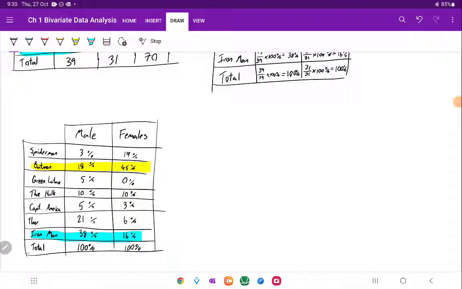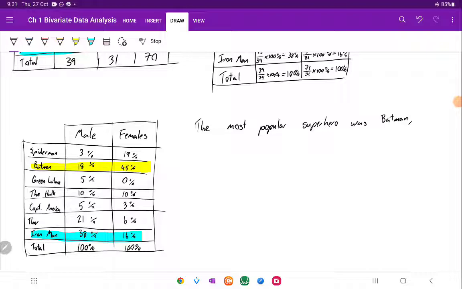So don't just say something for the sake of saying something. You need to say an actual figure. You can say the most popular superhero was Batman. Now I want to give some evidence. With 45% of females preferring him over any other superhero.